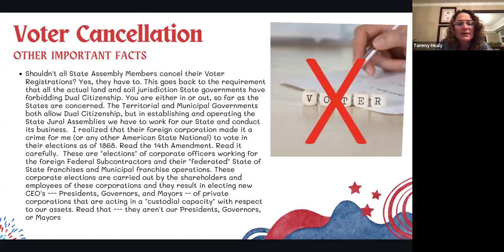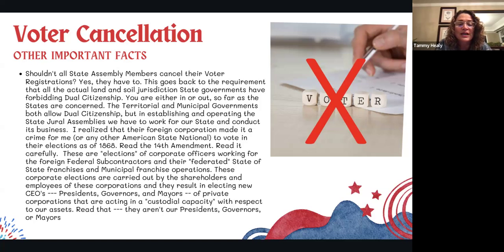I realized that their foreign corporation made it a crime for me or any other American state national to vote in their elections as of 1868. Read the 14th Amendment. Read it carefully. These are elections of corporate officers working for the foreign federal subcontractors and their federated state-of-state franchises and municipal franchise operations.